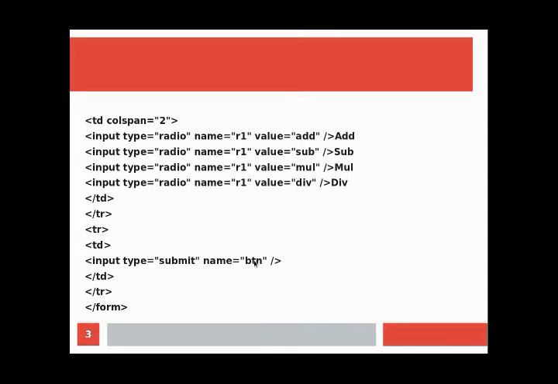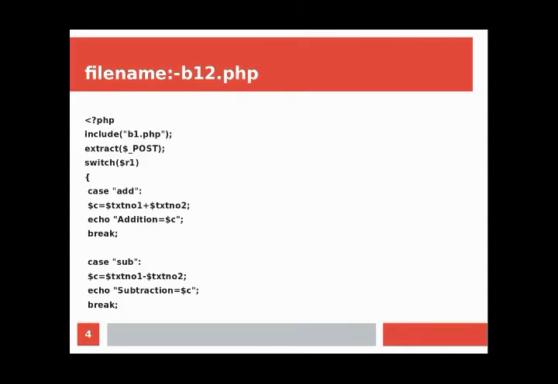So here we have closed the HTML form, which we use for the text boxes and radio buttons. Radio buttons for add, sub, mul, and division. Then we wrote that the action is in the next program file, b12.php. So this is the same program, but whatever the action of the first is taken in another file.